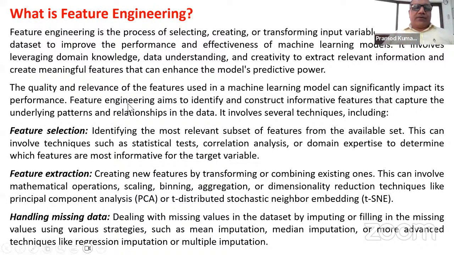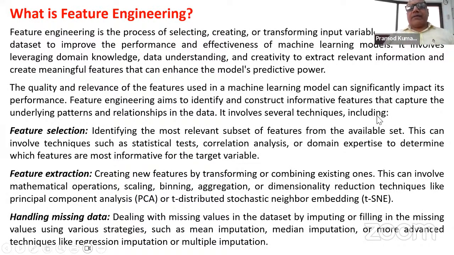Feature engineering aims to identify and construct the informative features that can capture the underlying patterns and relationships in the data. So in feature engineering, we try to play with the features in such a way that we find the more informative features by which the performance of the algorithm will be enhanced.